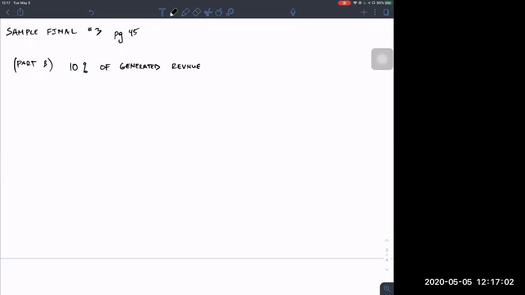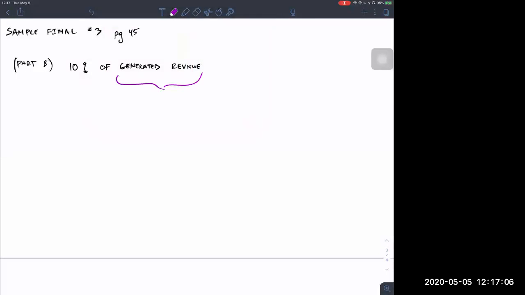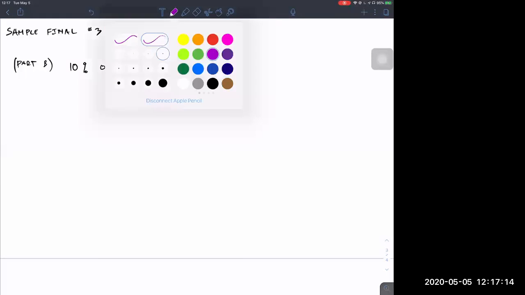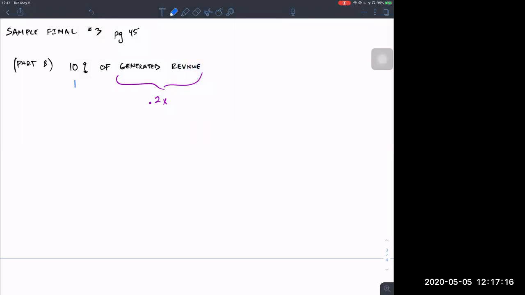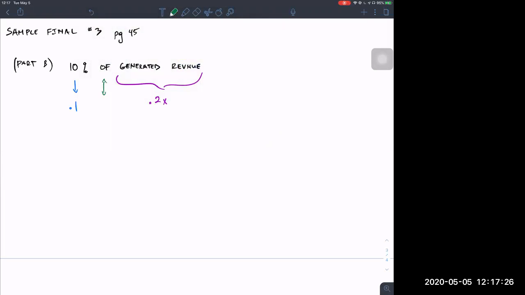Hopefully you'll see from part A that the generated revenue is 0.2x, in other words 20 cents for each view. 10% is a translation of 0.1, because we never use the percentage. And if you recall, of means to multiply.